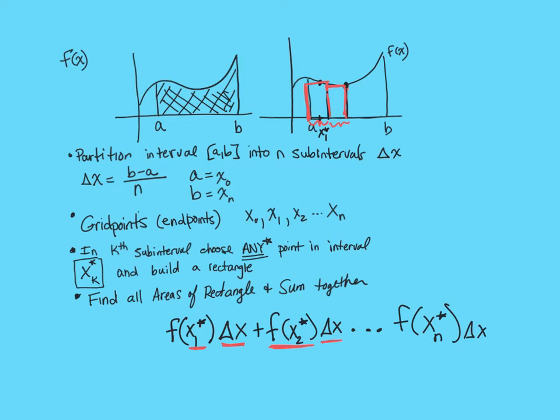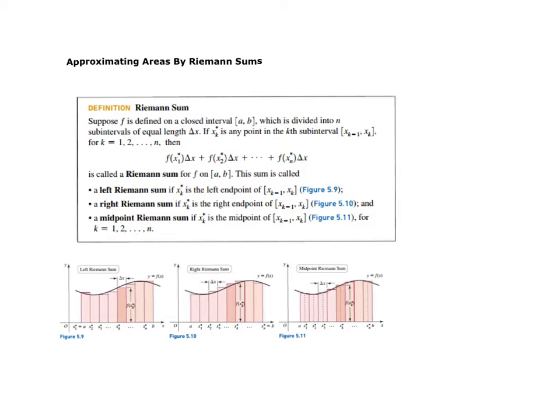So let's take a look at a couple of notable Riemann sums, so let's just look at the definition of a Riemann sum. Suppose we have a function defined on a closed interval from a to b. We divide it into n subintervals of equal length, and the length of the subinterval is delta x.